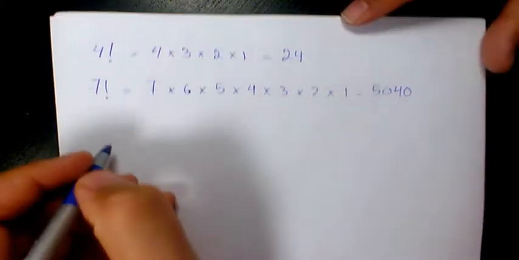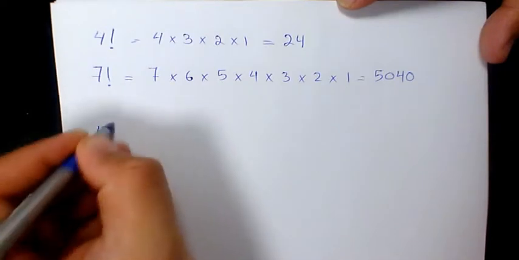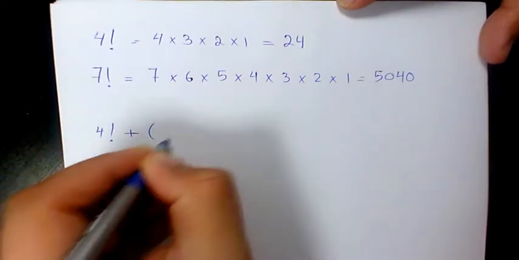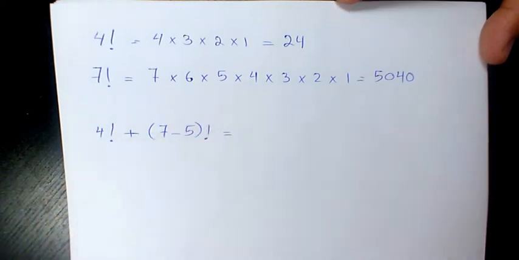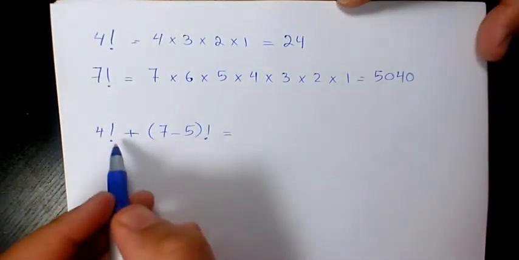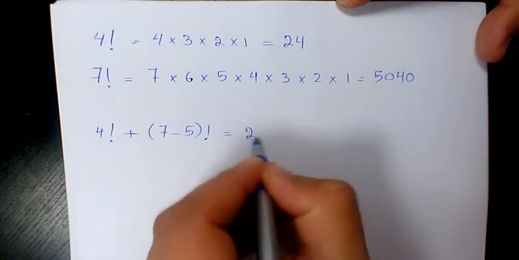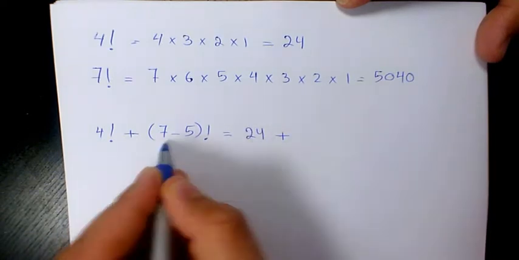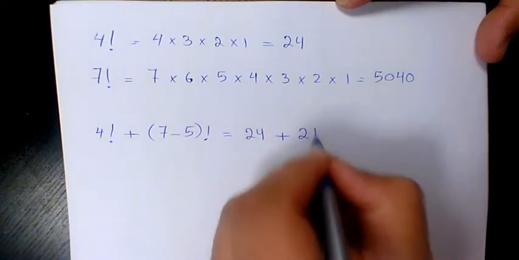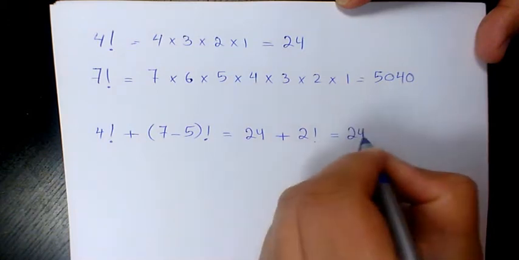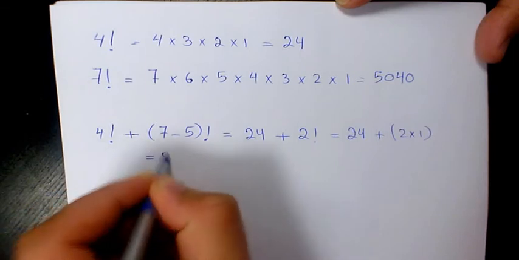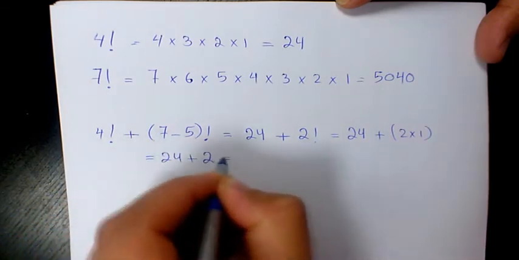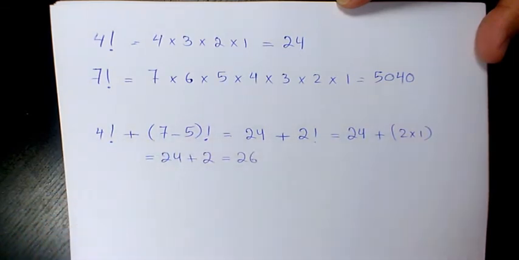Now what is 4 factorial plus 7 minus 5 factorial? So 4 factorial, we already got it, that's 24. 7 minus 5 factorial is 2 factorial, and 2 factorial is 2 times 1. So the answer is going to be 24 plus 2 equals 26.